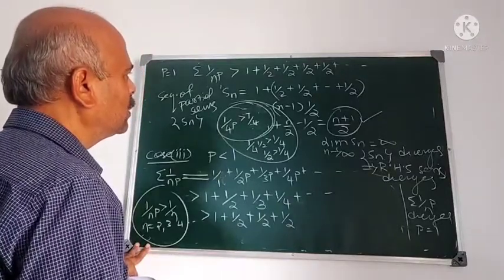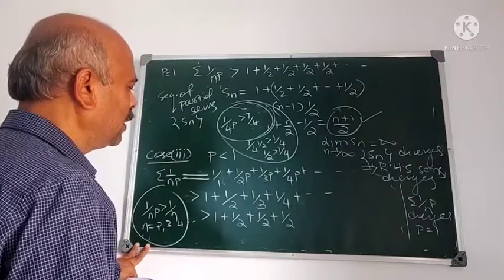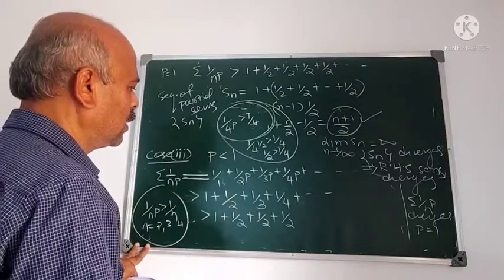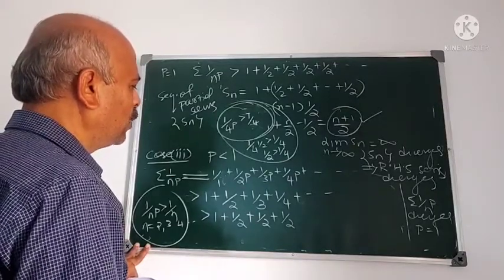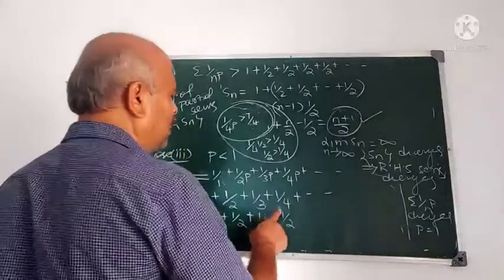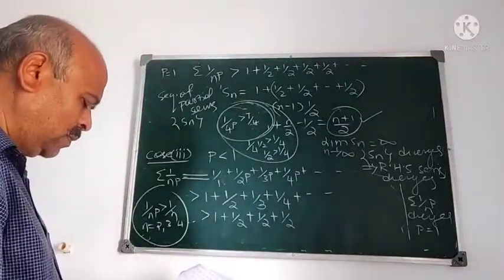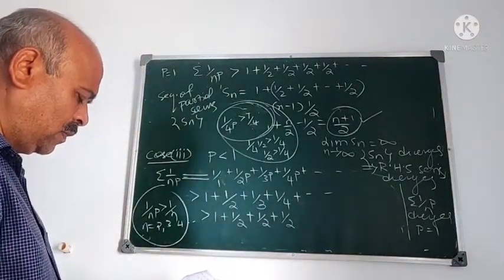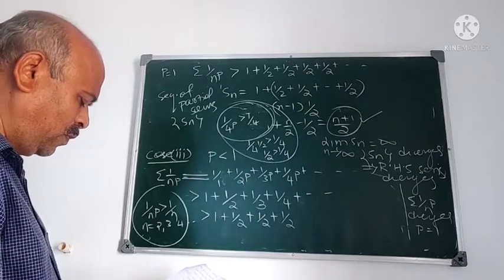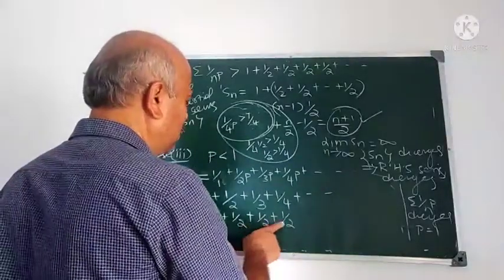What is the previous case? It is greater than 1 plus 1 by 2, 1 by 2 and so on. Correct? 1 by 4, but it becomes less than 1 by 2. It is 1 plus 1 by 2, 1 by 3, 1 by 4. 1 plus 1 by 2, 1 by 2.